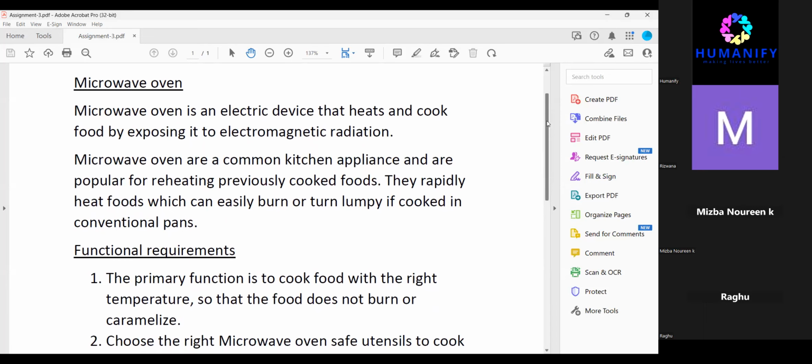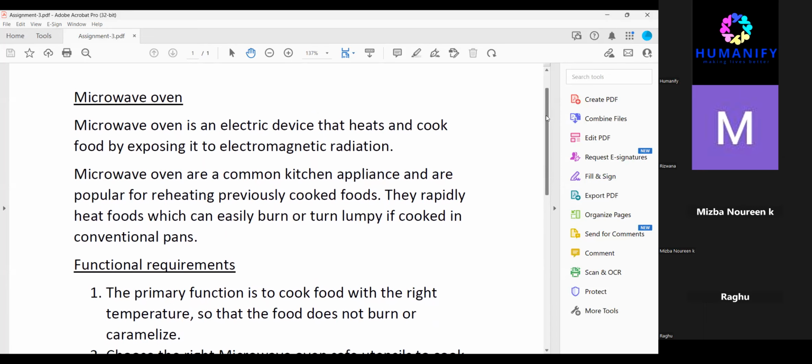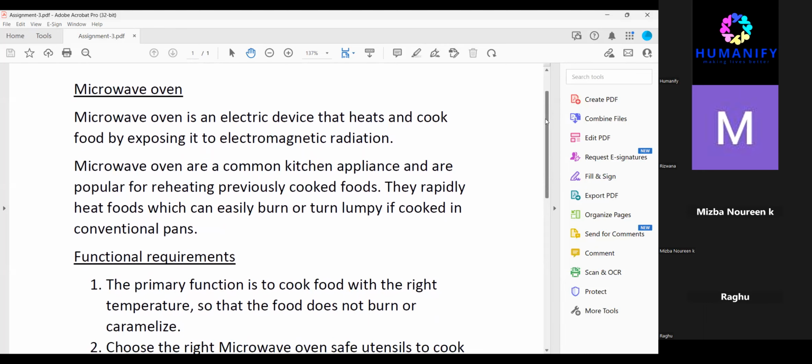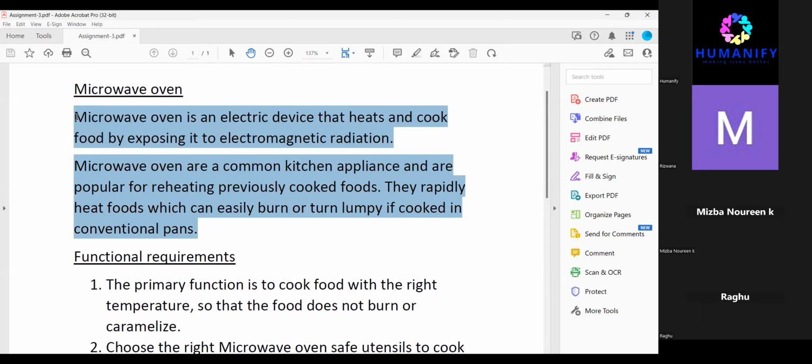Thank you. So in the example here, she has taken a microwave oven. She gave a generic description about the microwave. A microwave oven is an electric device that heats and cooks food by exposing it to electromagnetic radiation.